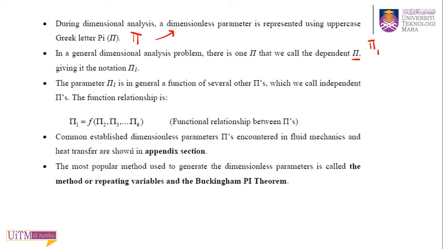For example, in this functional relationship, pi 1 is the dependent variable, and it depends on the other independent pi's, pi 2, pi 3, pi 4, it could be anything. So this is the relationship. Common established dimensionless parameters encountered in fluid mechanics and heat transfer are shown in the appendix section.